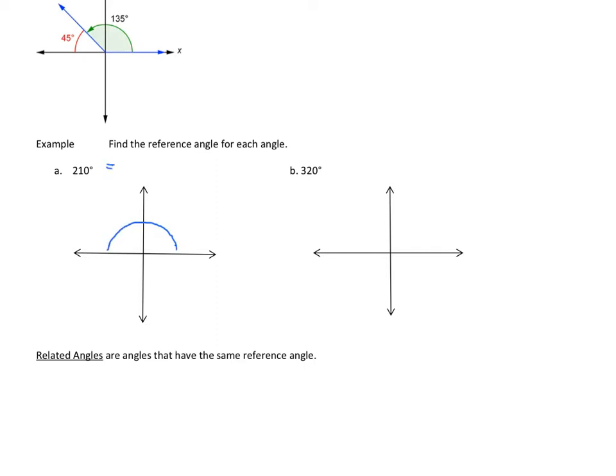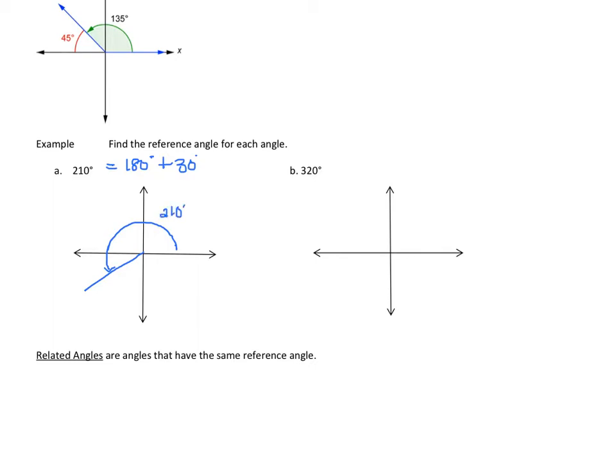Now, 210 degrees is 180 degrees plus 30 degrees. So sometimes it's helpful to think of it that way, because it means from 180 degrees I would need to go about 30 degrees further. So here we would have an angle of 210 degrees.